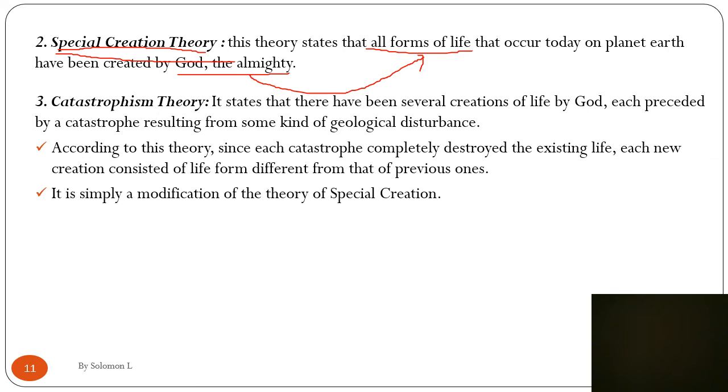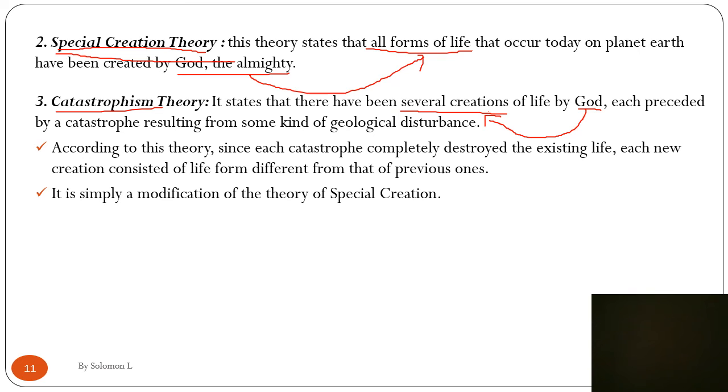The third one is the catastrophism theory. This theory states that there have been several creations of life by God. This theory accepts that all forms of life have been created by God, but God creates all these forms of life several times.